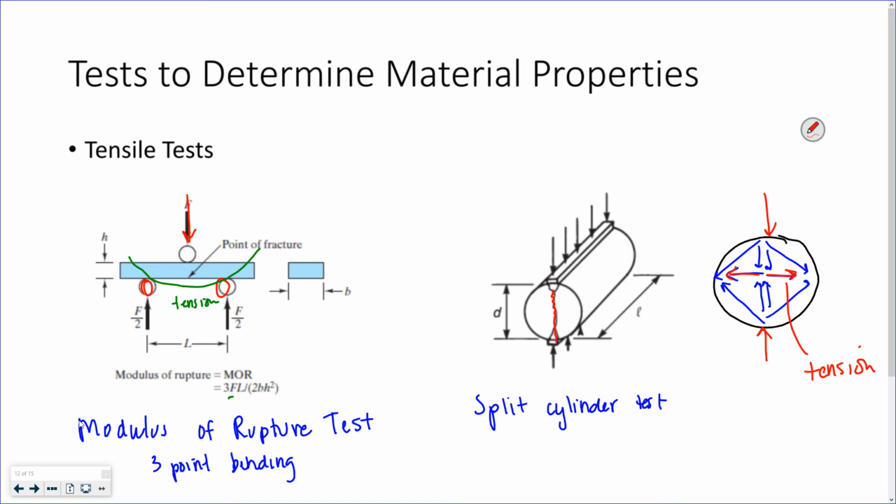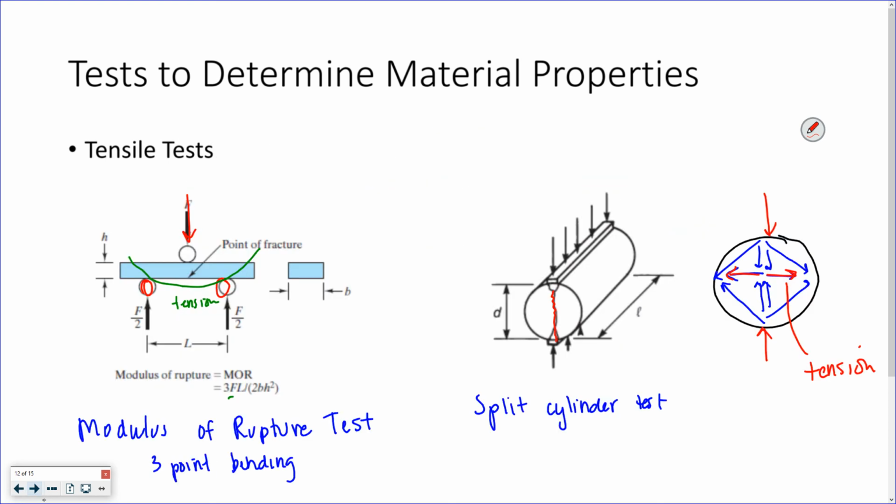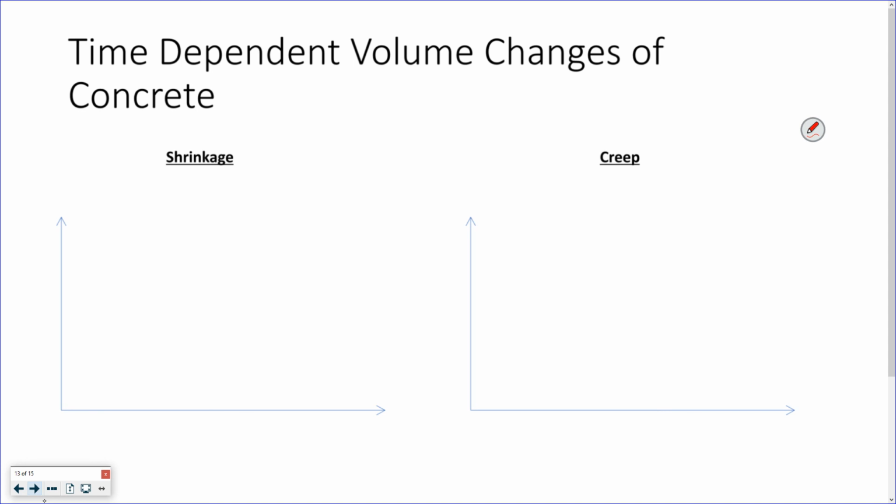And you get to calculate the modulus of rupture from that too. So that's 2 ways of determining the tensile properties of concrete. Usually these cylinders are what you're going to look at a lot.